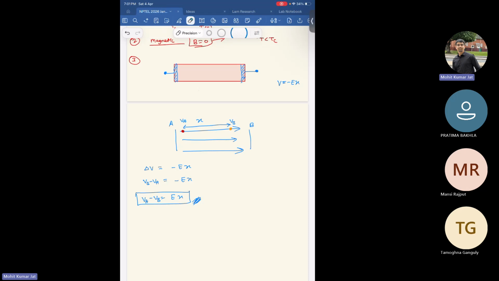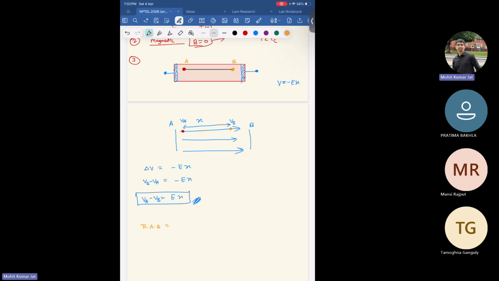Now let me choose the same points A and B in the superconductor. I can also choose 2 points, right? This is my red point A, and this is my yellow point B, and we know that the resistance between A and B is what?